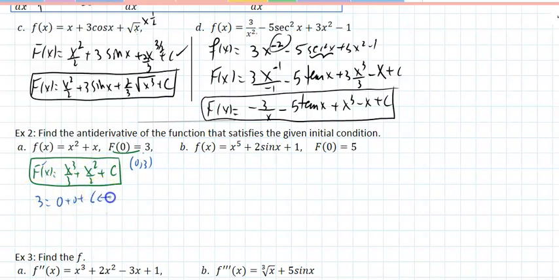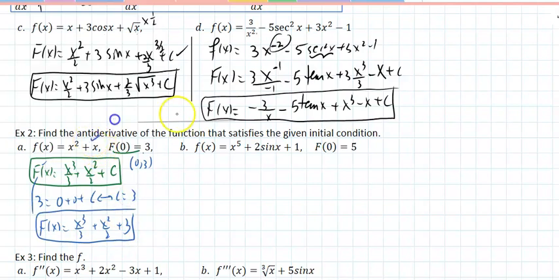So that tells me that c is 3. So my function is x cubed over 3 plus x squared over 2 plus 3. This is a function in which the derivative will equal that and F of 0 equals 3. So this is called an initial value problem because they give you initial conditions to find what c is.